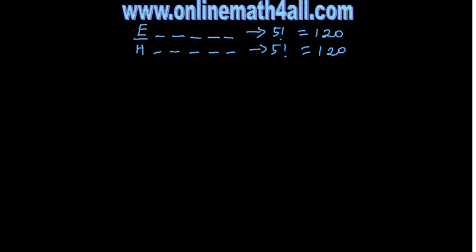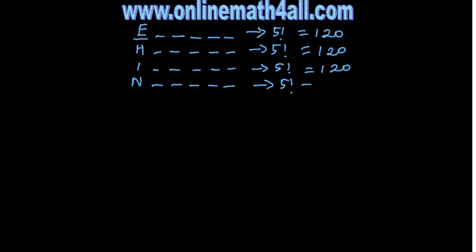Then we start with I, and we get 120 words. Then we start with N. So we get 5 factorial, 120. Now start with T. The same answer, 5 factorial is equal to 120.